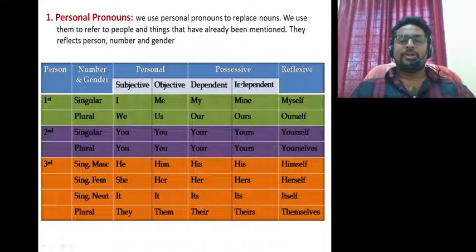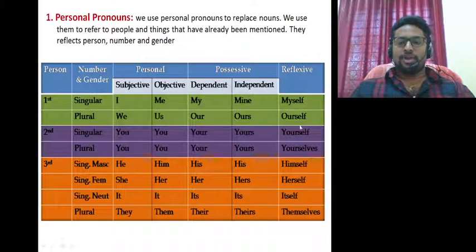What are independent pronouns? Possessive pronouns: mine, ours, yours, his, hers, its, theirs. These all are the independent or predicative pronouns. Attributive pronouns are what? My, our, your, his, her, its, their. These all are called attributive pronouns.